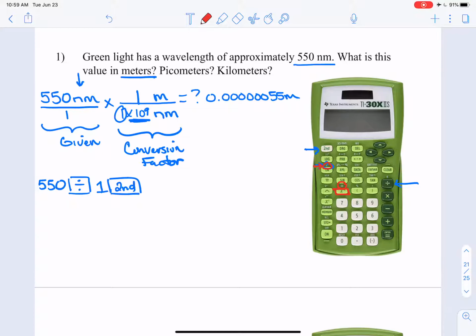So we'll do second, and then the key that you'll hit is the x to the -1. And what we're after is the EE portion of it, because the EE part of it, that is the same as saying times 10 to the something. And then we're going to hit 9. And then we're going to hit the equals button.